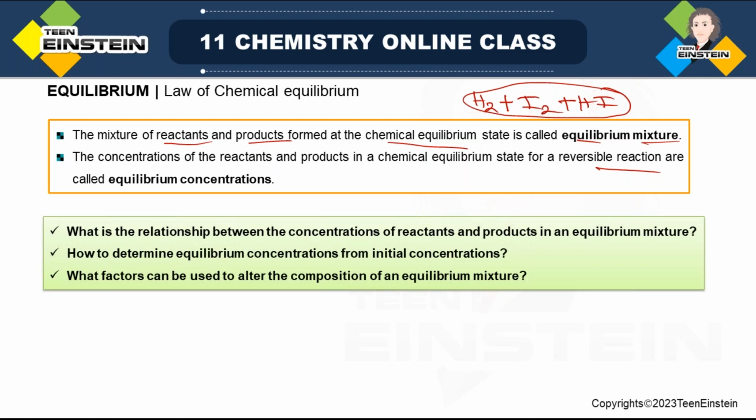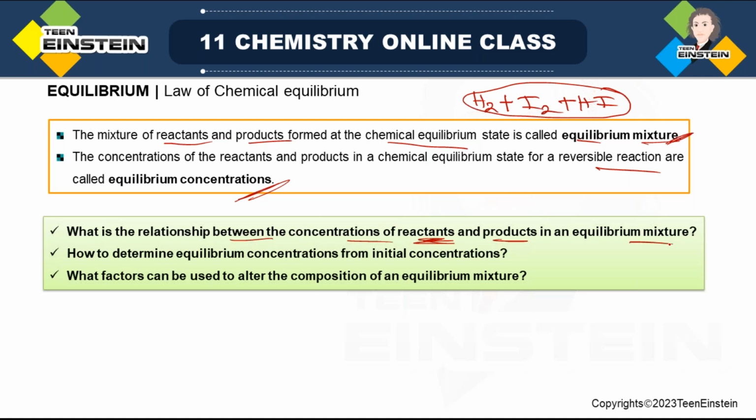Now, once we know these two terms, some questions may arise in your mind. What is the relationship between the concentration of reactants and the concentration of products in the equilibrium mixture? It is fine that we have reached equilibrium, but suppose we want to know the relationship specifically between the concentration of reactant side species and product side species.